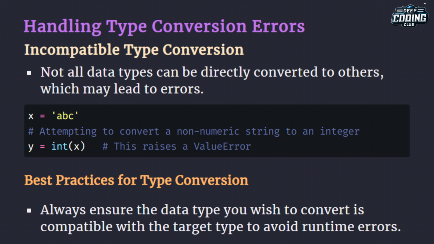You cannot convert this to an integer. Hence, always ensure that the type you are converting is compatible with the target representation to avoid any unexpected error or unexpected output. Overall, type conversion is a fundamental concept in Python and is used extensively in programming, and understanding how to convert between different data types is essential for writing robust and flexible code.